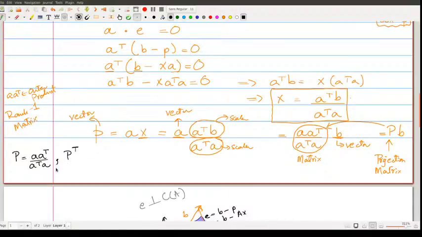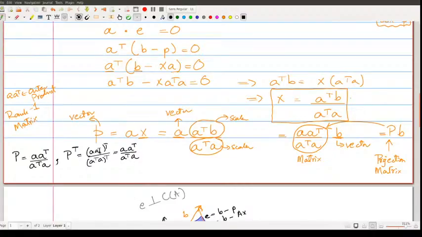It really shouldn't change anything, because consider in the 1D case, if I take the transpose, then that's just A transpose transpose, and in the denominator you also have A transpose A, which doesn't really change things. So that's nice.